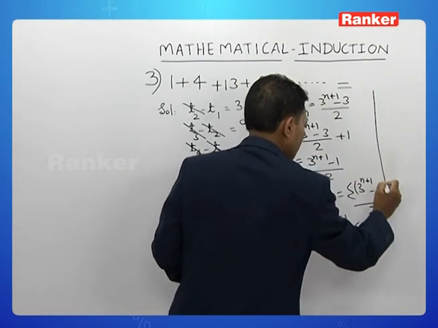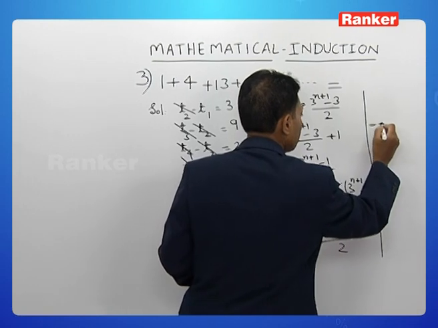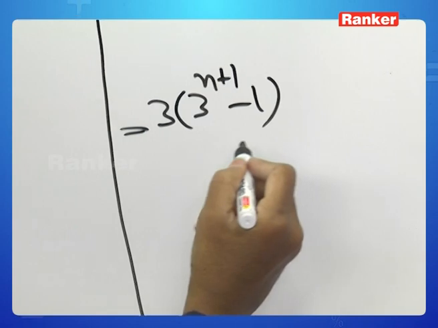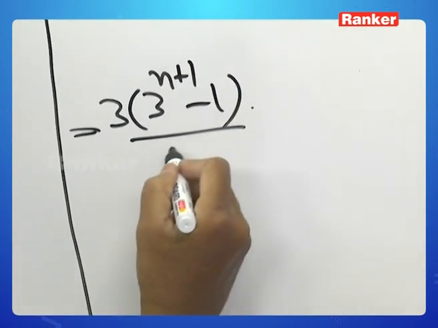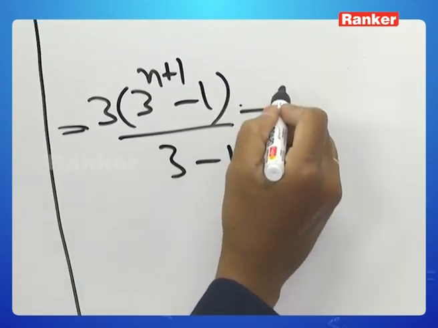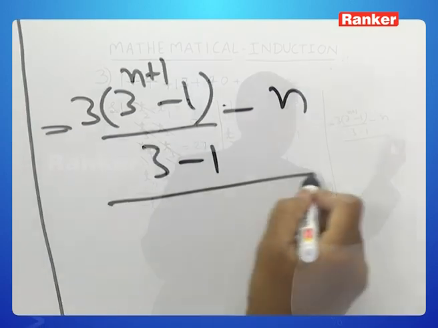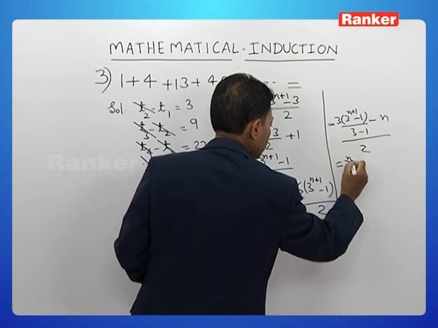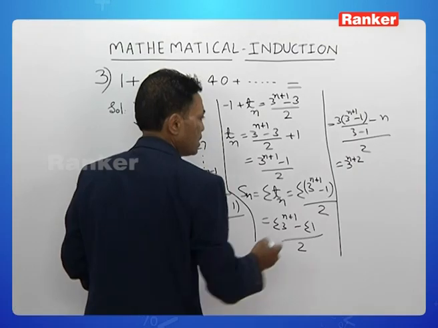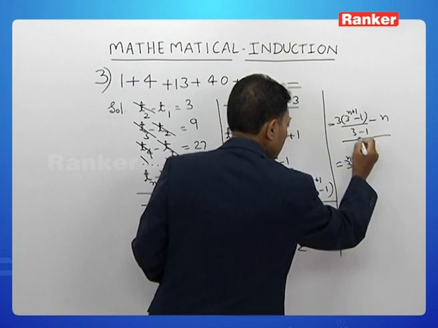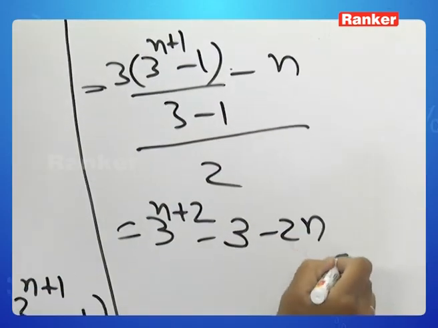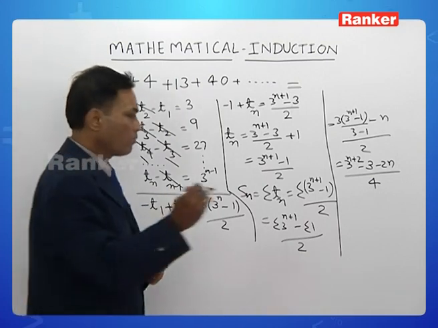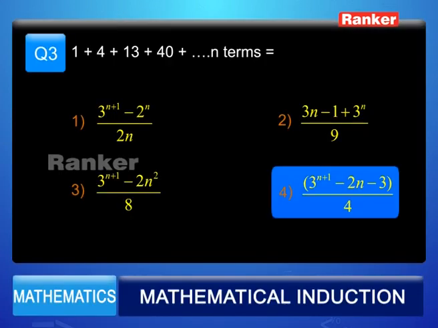So, again we have to apply the GP formula. 3 into (3 to the power of n plus 1 minus 1) by (3 minus 1) minus sigma 1, that is n, by 2, right? 3 into 3 to the power of n plus 1 is 3 to the power of n plus 2, minus 3, and minus 2n, by 2 into 2, that is 4. So, what is the right option now? Fourth option. The fourth one is right.